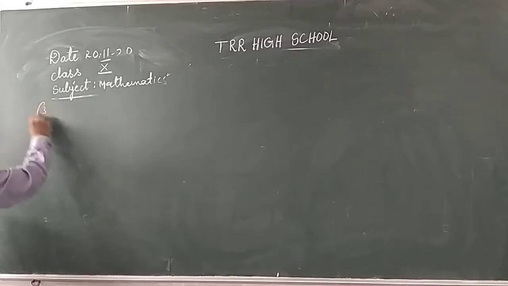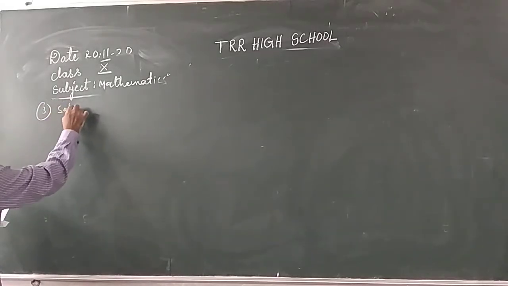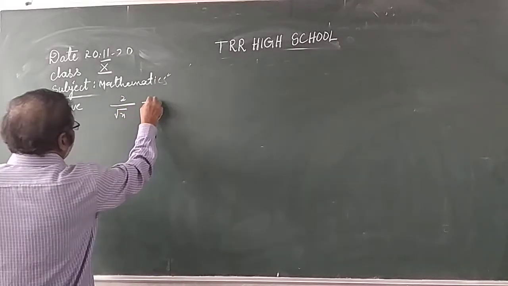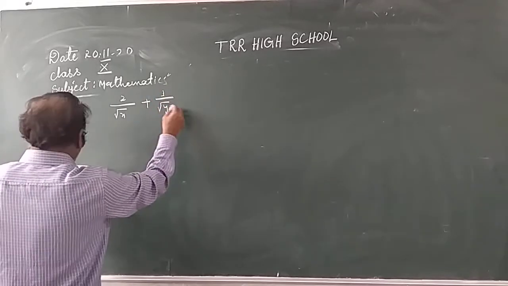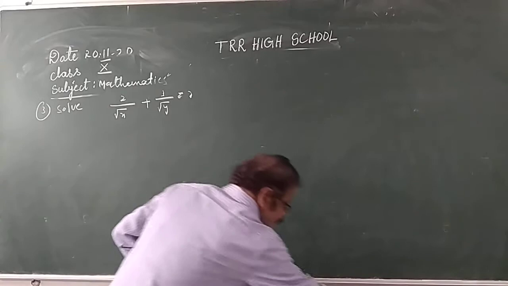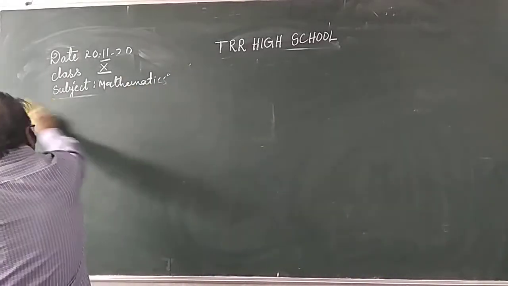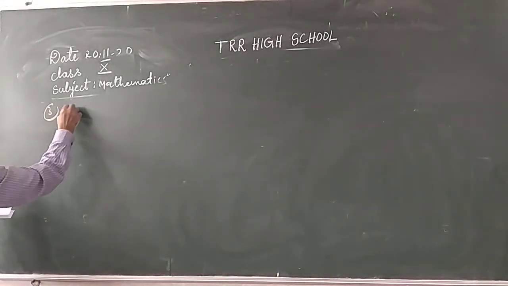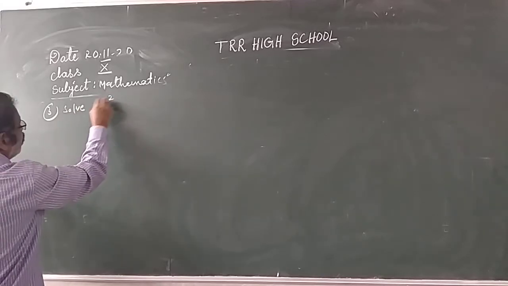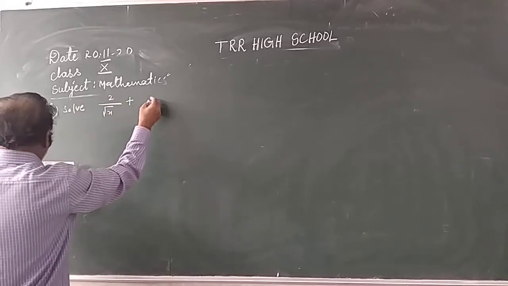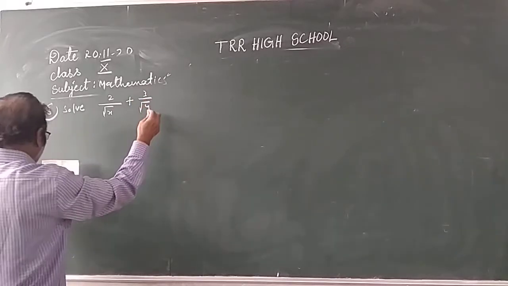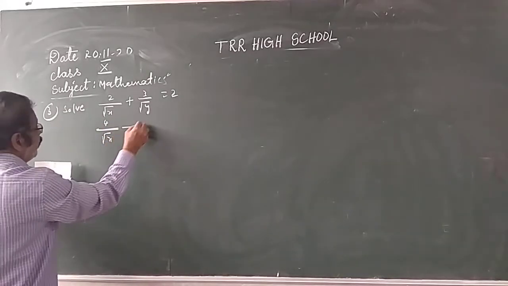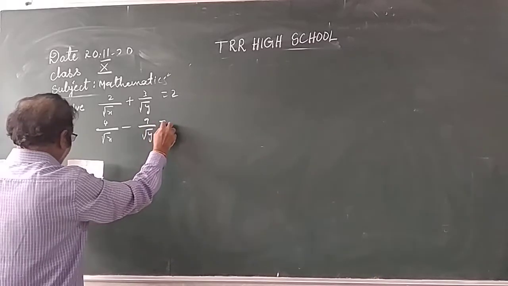Solve: 2 by root x plus 3 by root y is equal to 2, and 4 by root x minus 9 by root y is equal to minus 1.